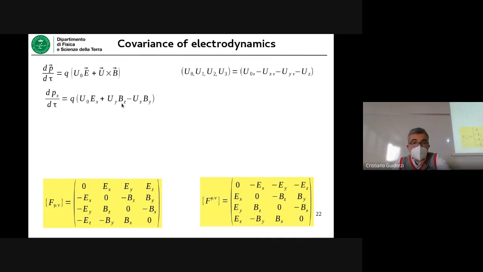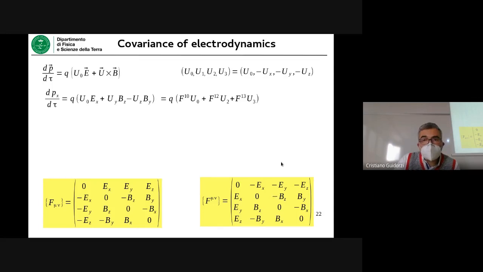Now, I show you that we can write this as a function of the components of the electromagnetic tensor in a much more powerful way. How? Well, you already have u0, so you don't need to do anything. But Ex, if you look at this, Ex is F10, row 1, column 0. Now, here you have uy, but uy is minus u2, and F12 is minus Bz.